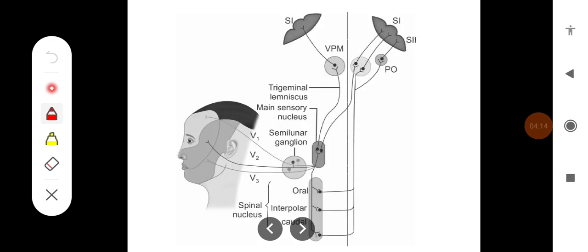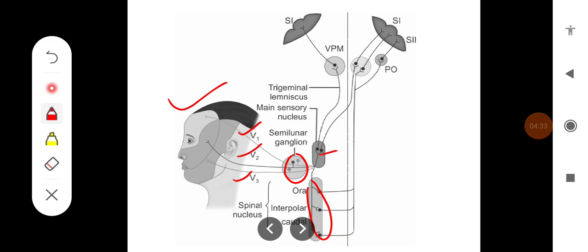So this is a diagram showing the trigeminal pathway. All the subdivisions V1, V2, V3, they're going to go to the semilunar ganglion or trigeminal ganglion. So then they go to the main sensory nucleus and the spinal nucleus.